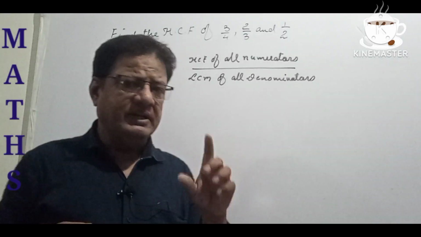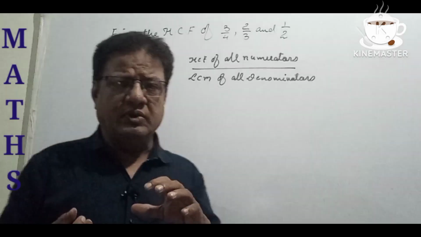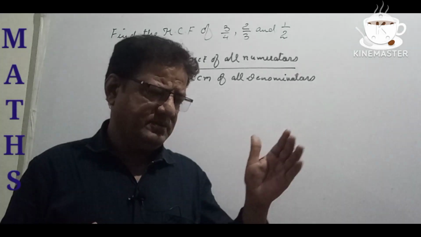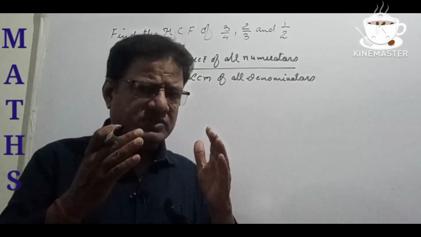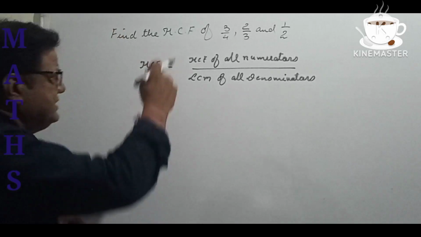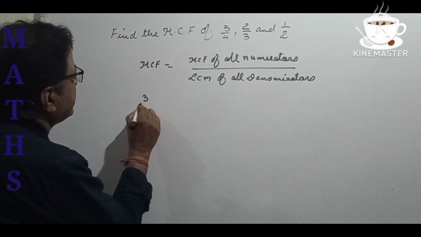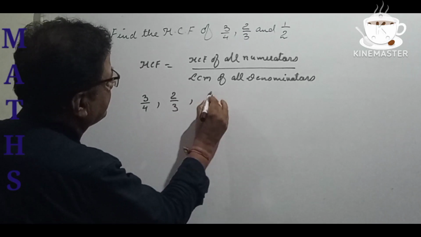This formula we can use to find the SCF of 3/4, 2/3 and 1/2 and other numbers like these. So first of all we solve the question according to this formula. We take 3/4, 2/3 and 1/2.